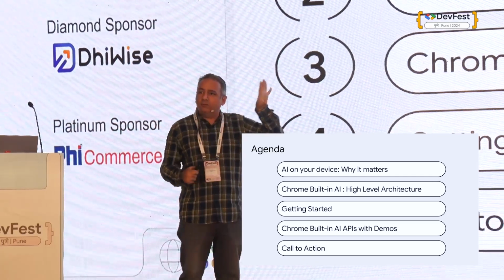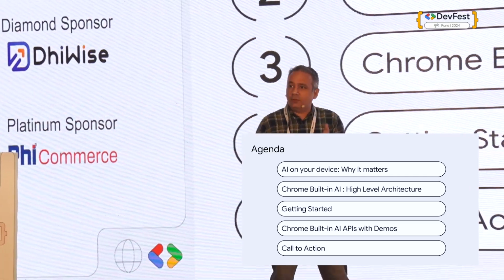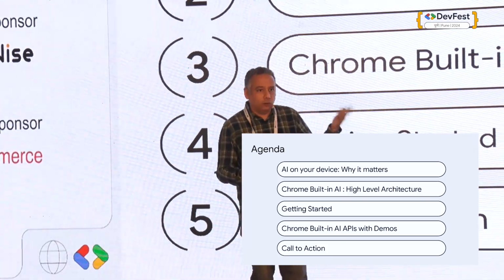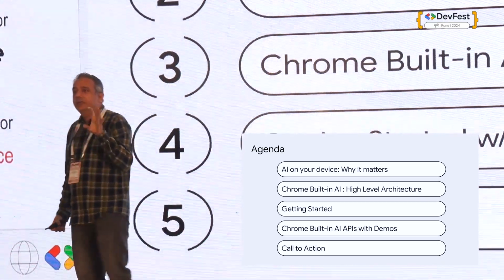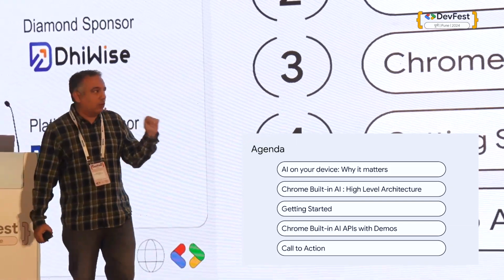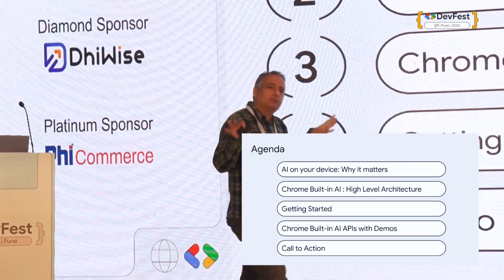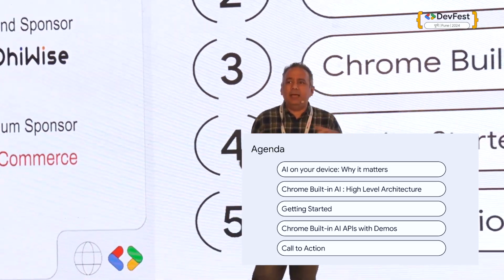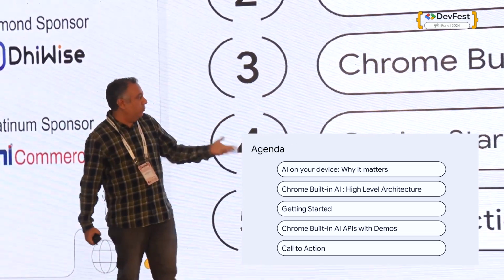So we'll take a look first at what the points are, and some of these points are similar, like if you're trying to run applications offline or locally, the same benefits apply, but there are some very specific benefits that AI on the device brings. We'll talk about that. Then we'll start diving into what all this Chrome built-in AI really means through examples and what it's trying to do.